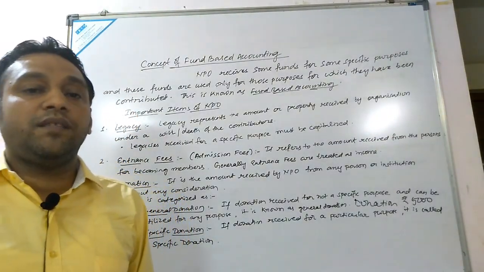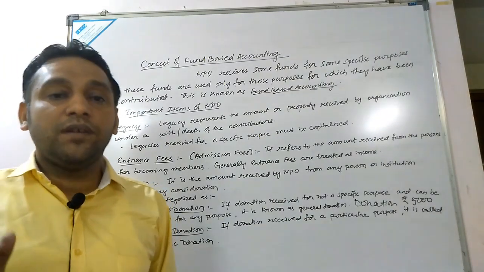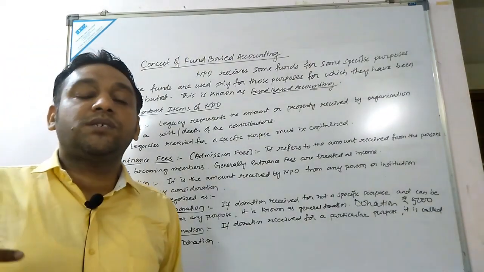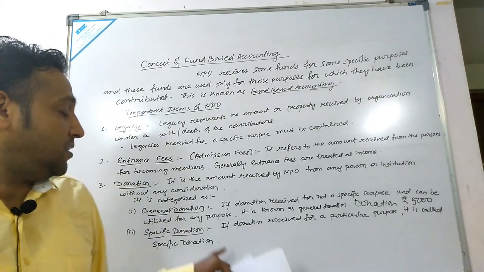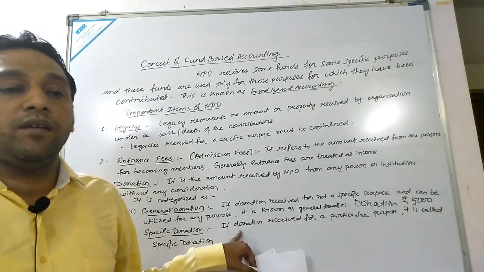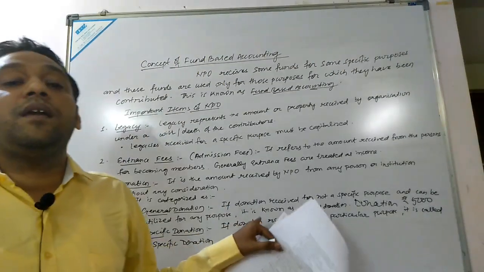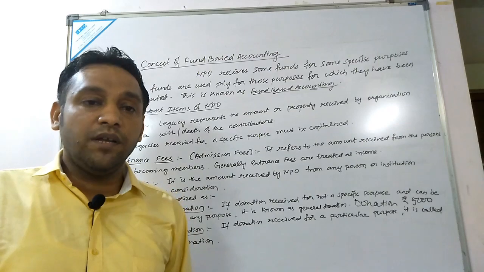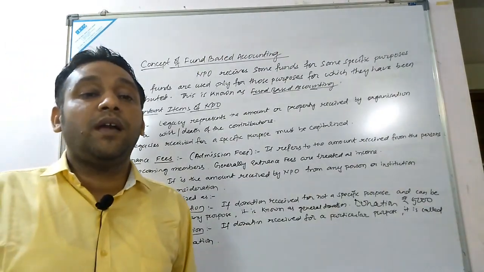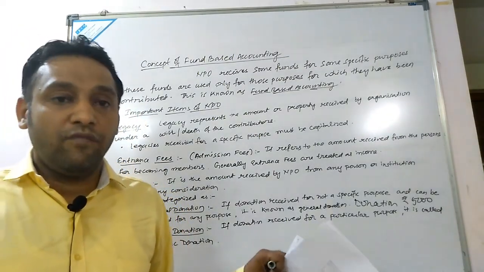Because it has been said donation for building, that means whatever the amount 10,000 has been received in the form of donation can be utilized for the construction of the building only. So it would be considered as specific donation. You remember, general donation is shown on the income side of the income and expenditure account, and specific donation is shown on the liability side of the balance sheet, and it is added to the capital fund.